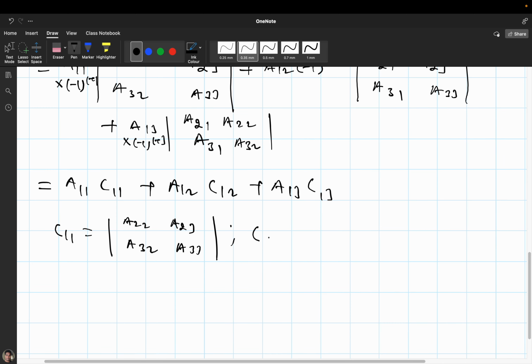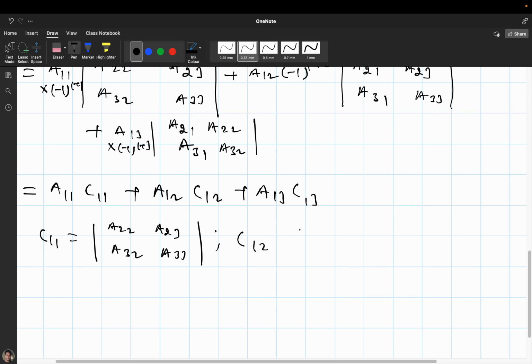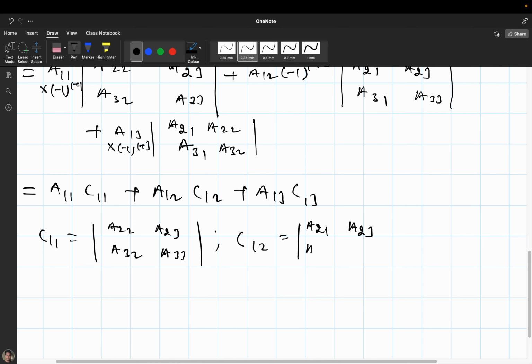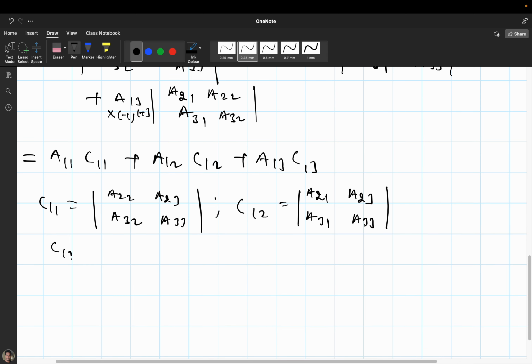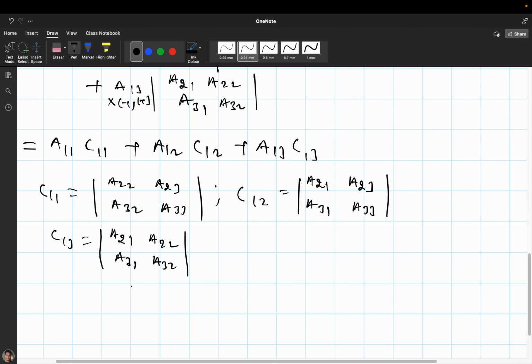Similarly, C12 equals A21 A23 A31 A33. C13 equals A21 A22 A31 and A32. So you can see that the determinant of A is nothing but the summation of all these three terms, where C11 is this, C12 is this, C13 is this.